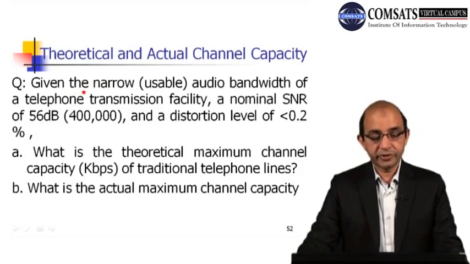So here we have the question: the narrow audio bandwidth of a telephone transmission facility, a nominal SNR of 56 dB, and a distortion level of less than 0.2%.